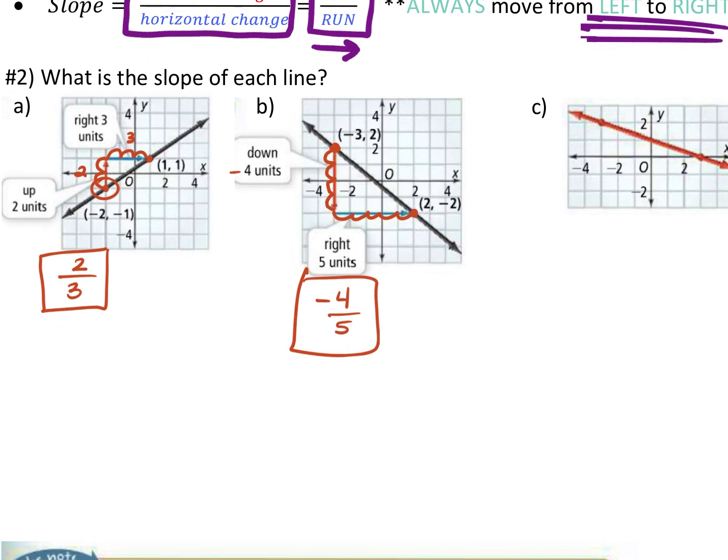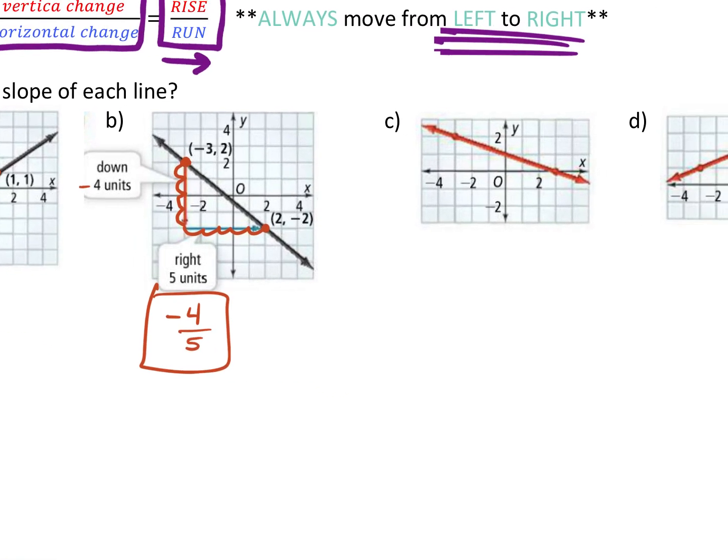Okay, this one requires an extra step a little bit. Look at the 2 points they give you. Here's a point. Here's a point. Which point are we going to start from? The one on the left. Okay, always start at the one on the left. So if I'm starting here, do I need to move up or down? Down. So we're going to go 1, 2 down is a negative 2.